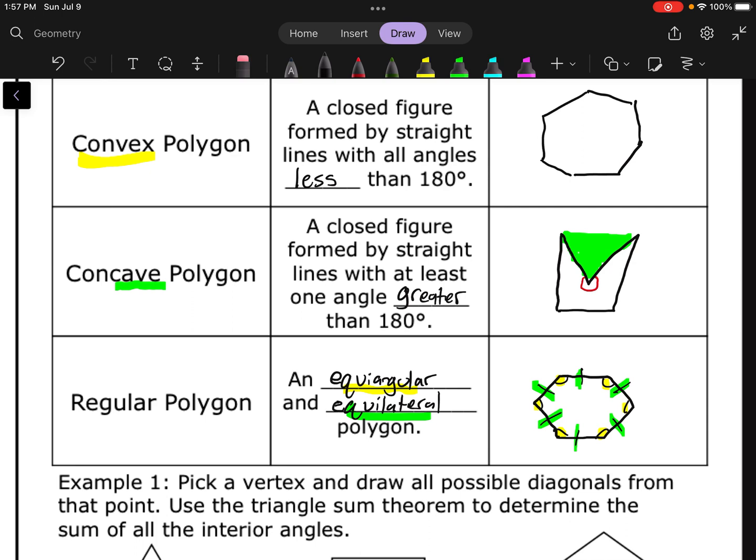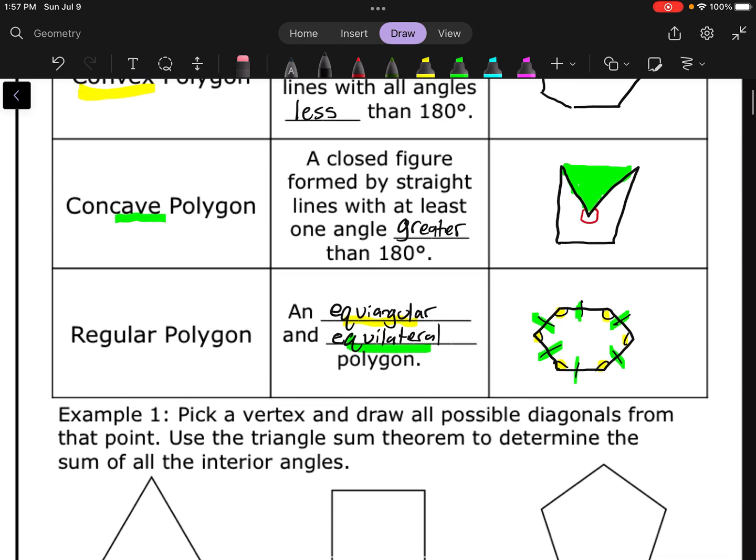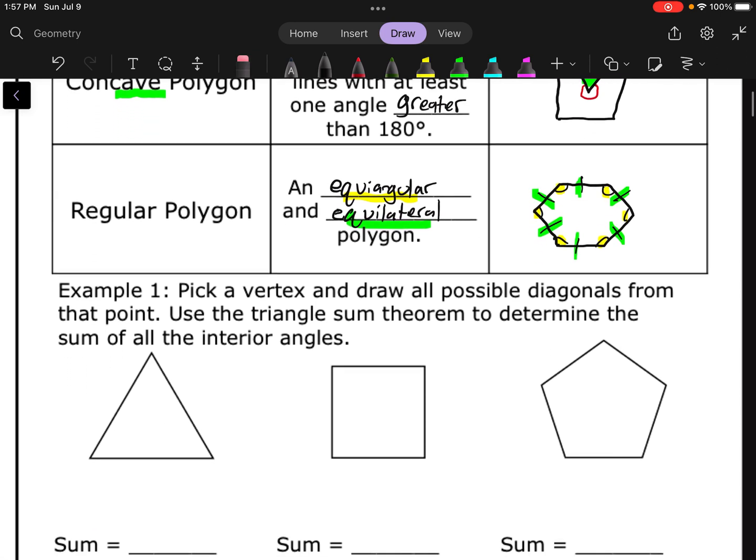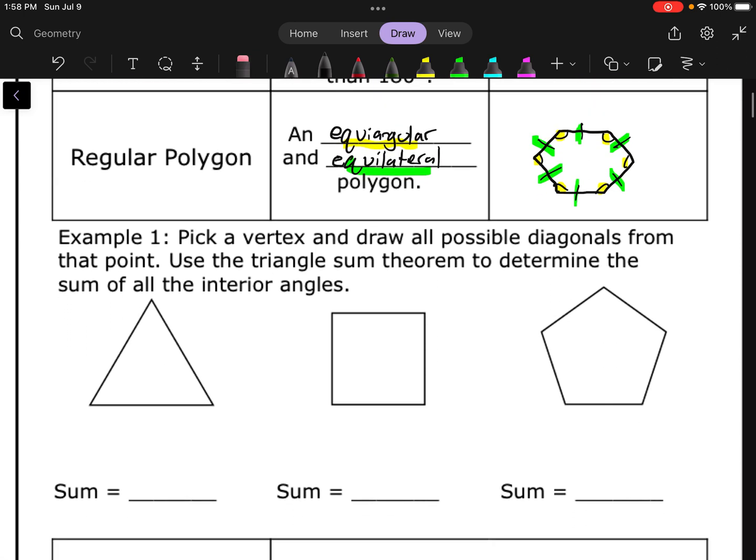All right, to get us started here, we got example 1 that's going to kind of get the ball rolling for one of our first theorems that Euclid found out. It says, example 1, pick a vertex and draw all possible diagonals from that point. Use the triangle sum theorem to determine the sum of all the interior angles.